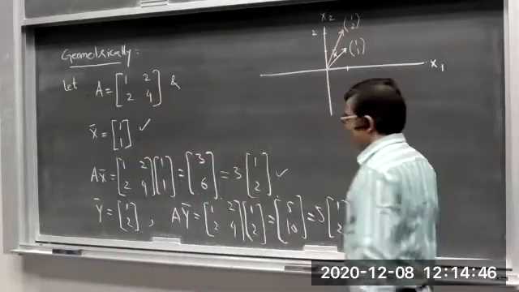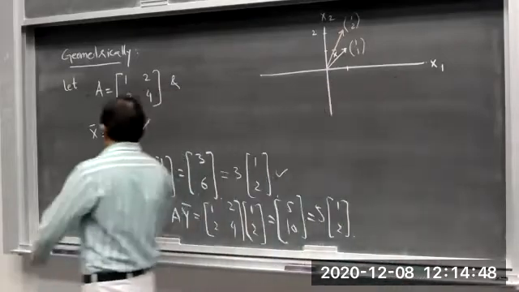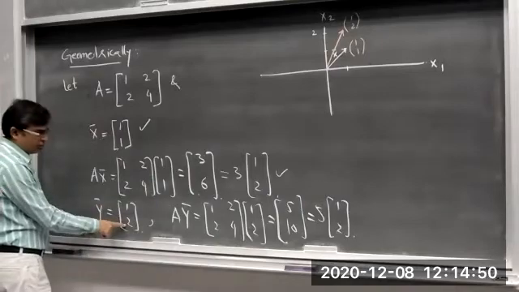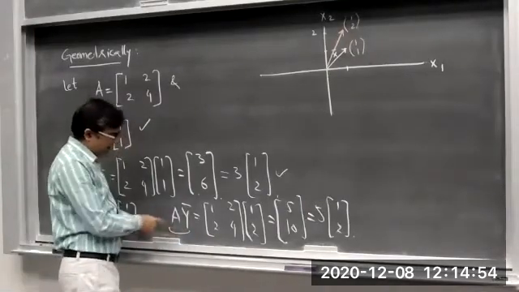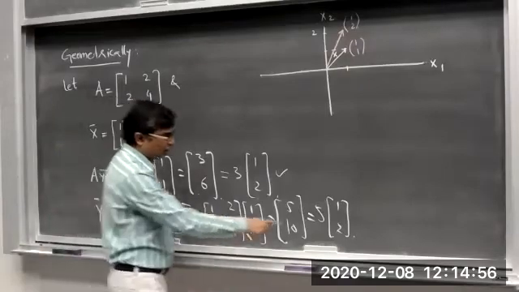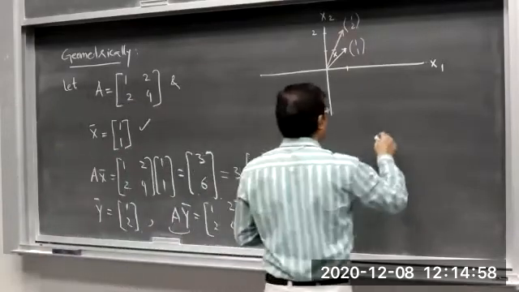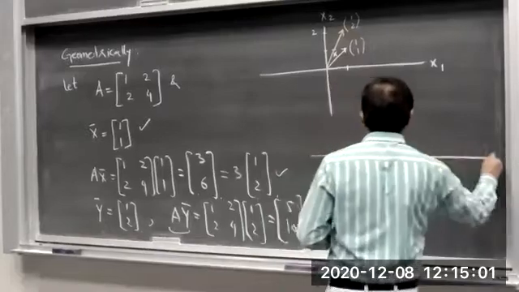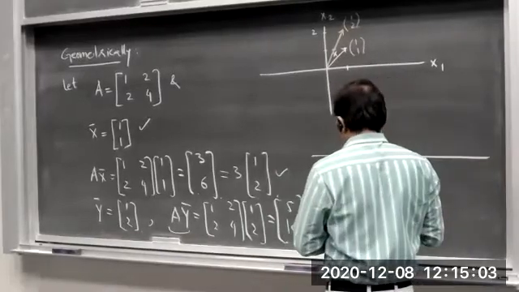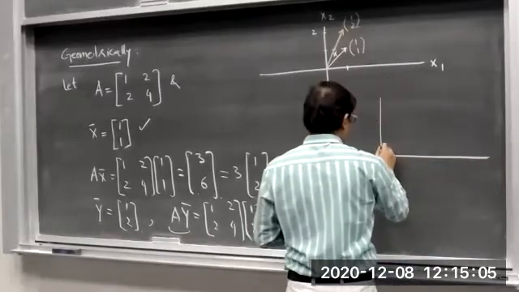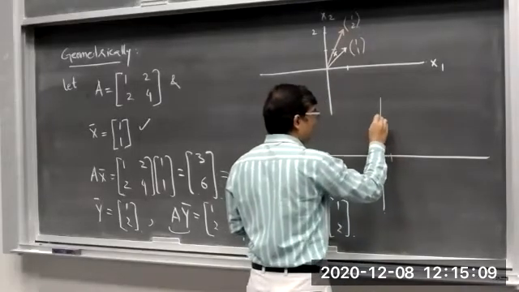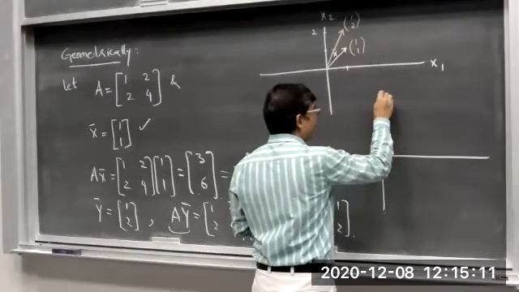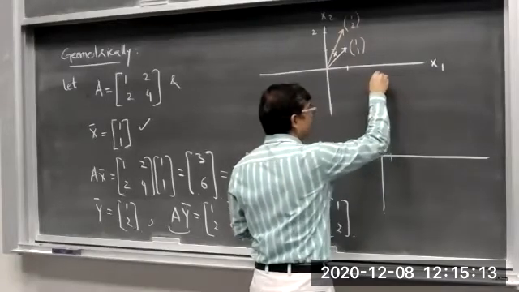Now, you can see here that the assumed vector is (1, 2). And after multiplying Y with A from the left-hand side, what do we get? 5 times (1, 2). So if we plot this, say this is 1, this is 1, 2, 3, 4, 5, 6, 7, 8, 9, 10.